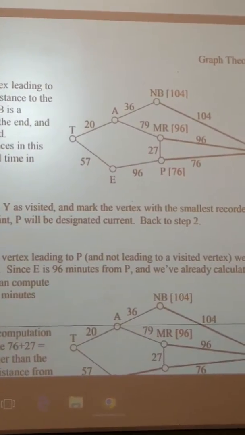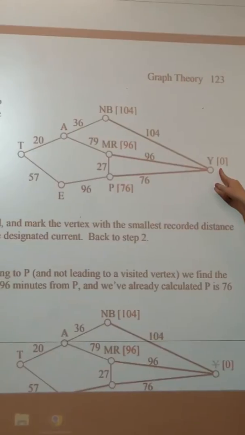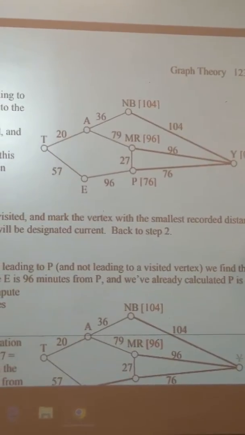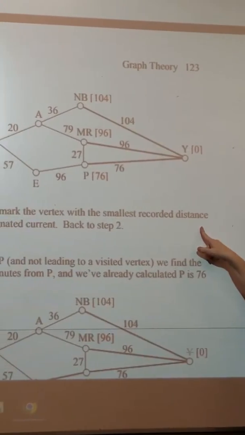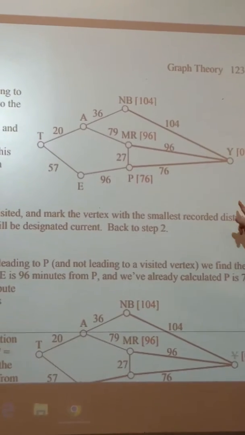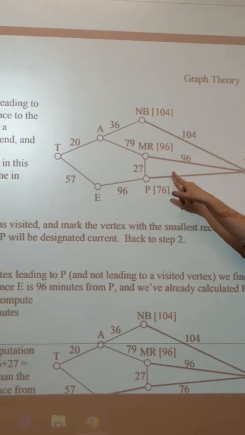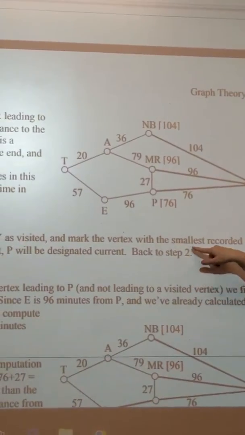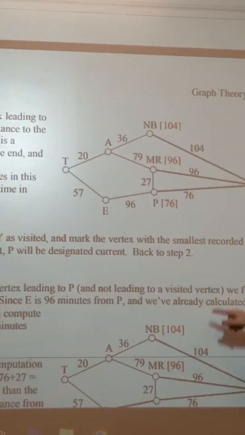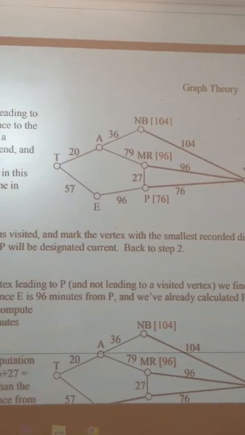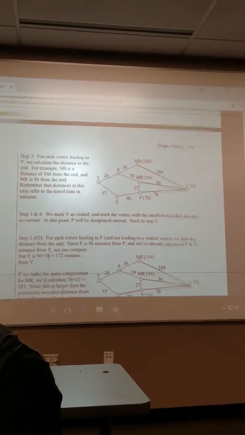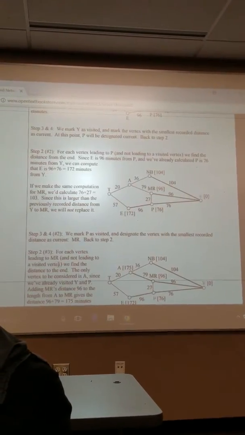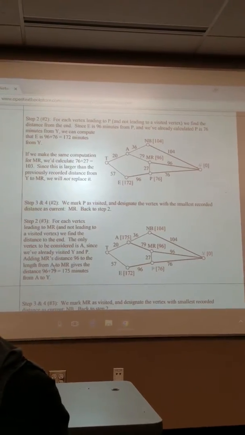All right. So we mark Y as visited, and we mark the vertex with the smallest recorded distance as current. Well, that's P, right? Because P has the smallest distance of those three. Okay? And we go back to step 2 then. So you notice here it says step 2, number 2, because we've looped back through this algorithm. Right?